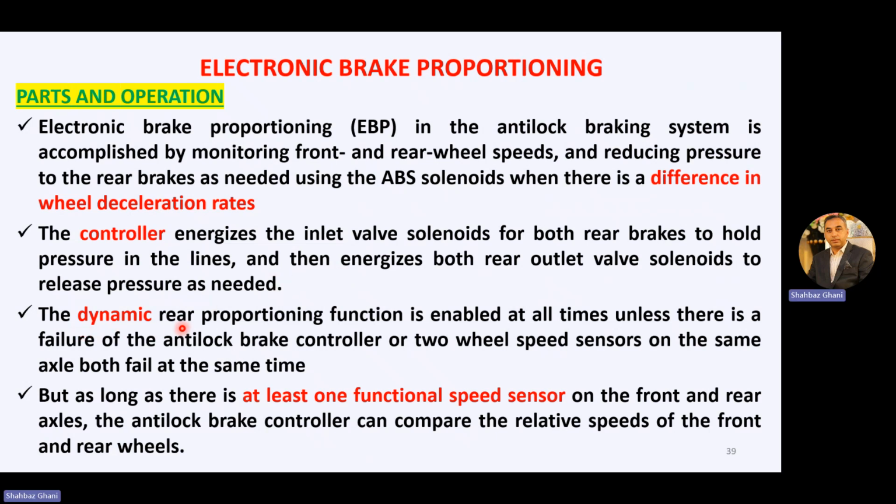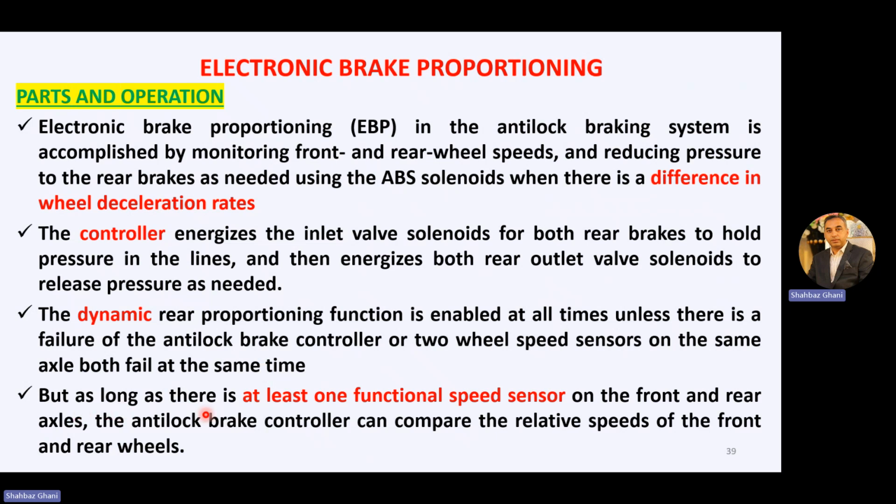The dynamic rear proportioning function is enabled at all times unless there is a failure of the anti-lock brake controller, or the two wheel speed sensors on the same axle both fail at the same time. If your sensors and solenoids malfunction, then we have this phenomenon.